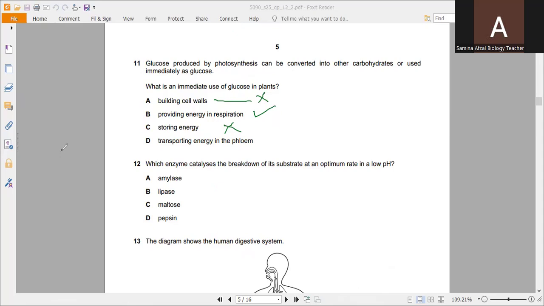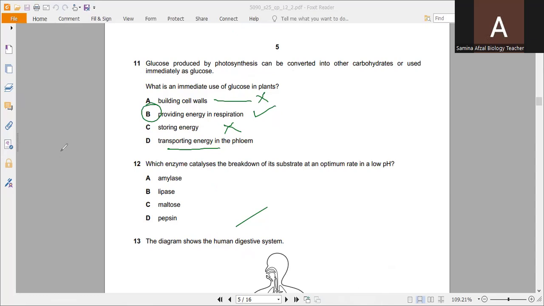Transporting energy in the phloem: energy is not transported in the phloem. Phloem transports the food which is manufactured as a result of photosynthesis. So here B is the correct option for glucose.